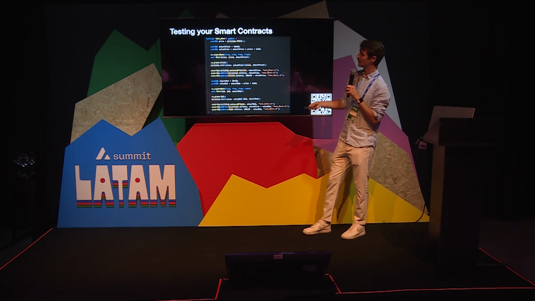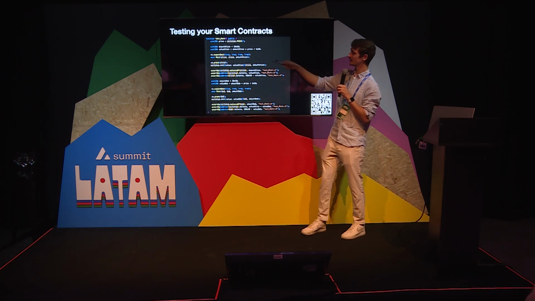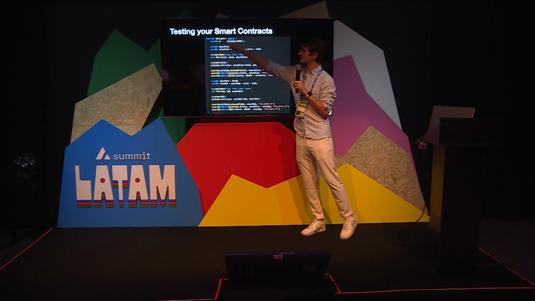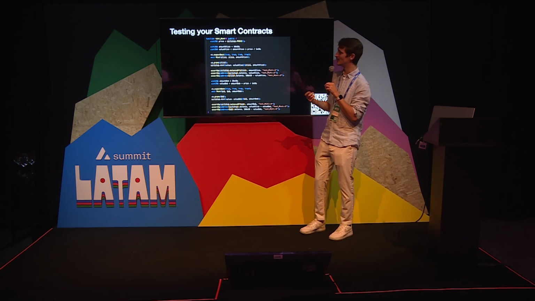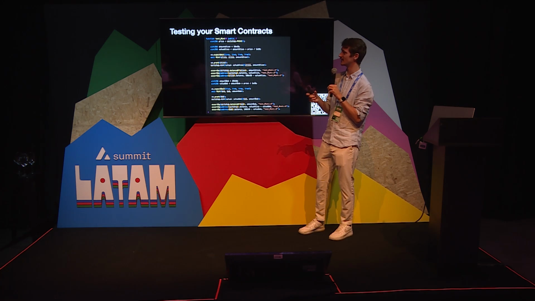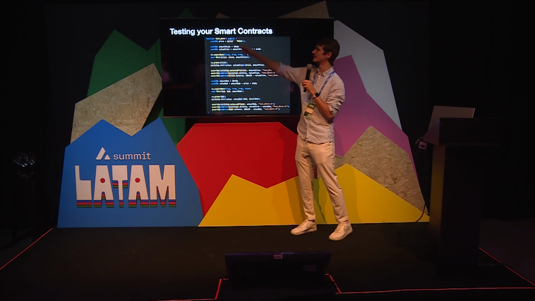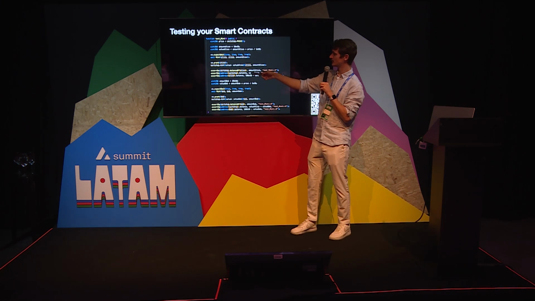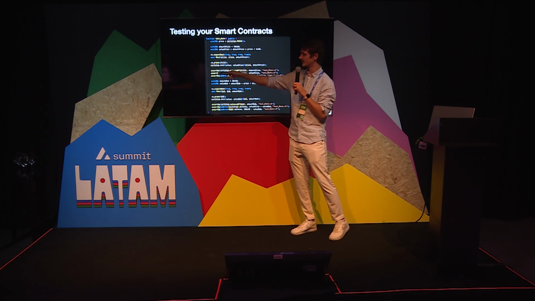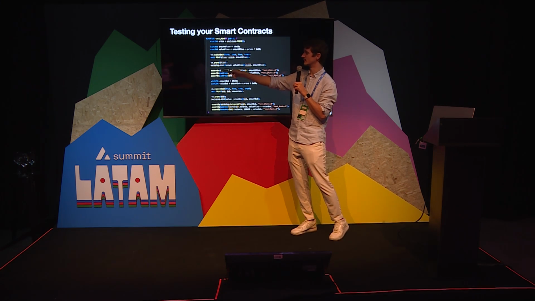To test, we're going to try to test the mint function first. As I said earlier, the first word of the function name should be test something, and the best way is to always name it something that is easy to read. So here, test mint, because I'm going to test the mint function. And when you want to verify something, you use assertEq or assertGe, greater than or equal, or there are other variations of that.